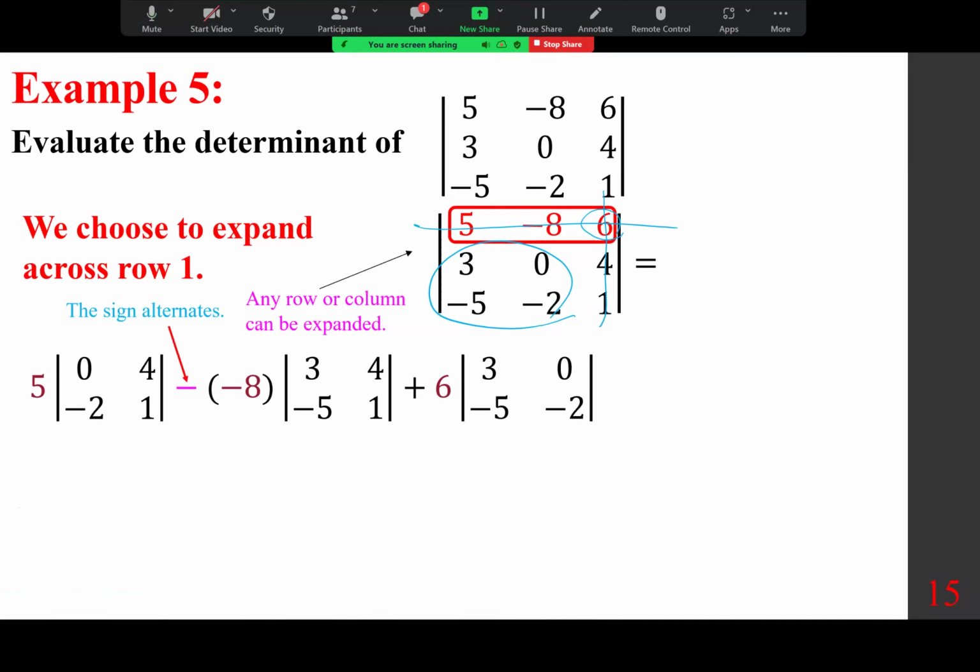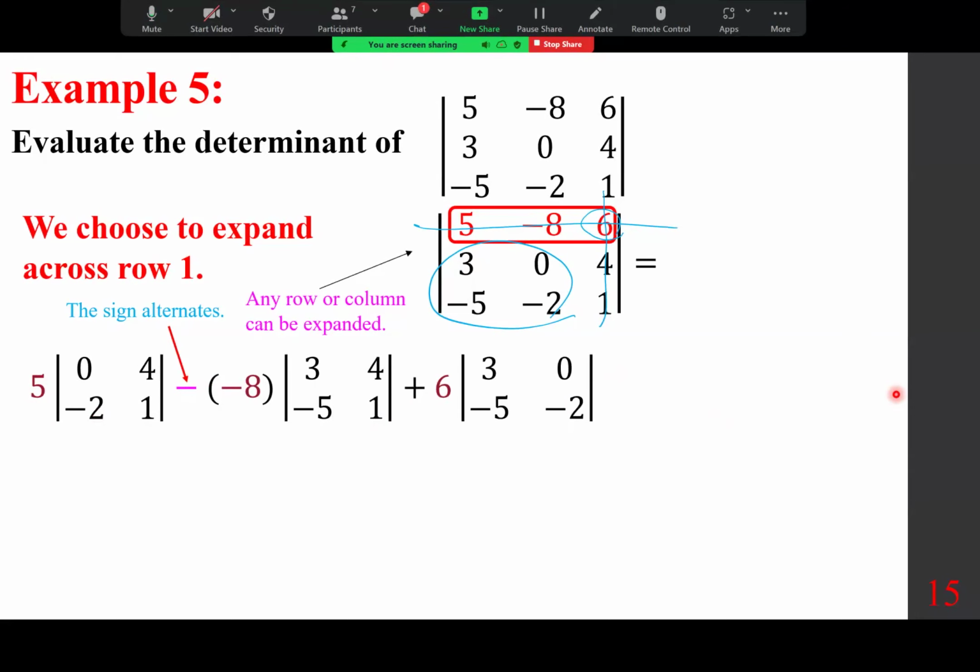And again, that sign that was -1 to the power of i plus j, you don't have to worry about that. Just remember the alternation. This is positive, then we have a negative, then a positive if there were more. So positive, negative, positive, but they alternate.